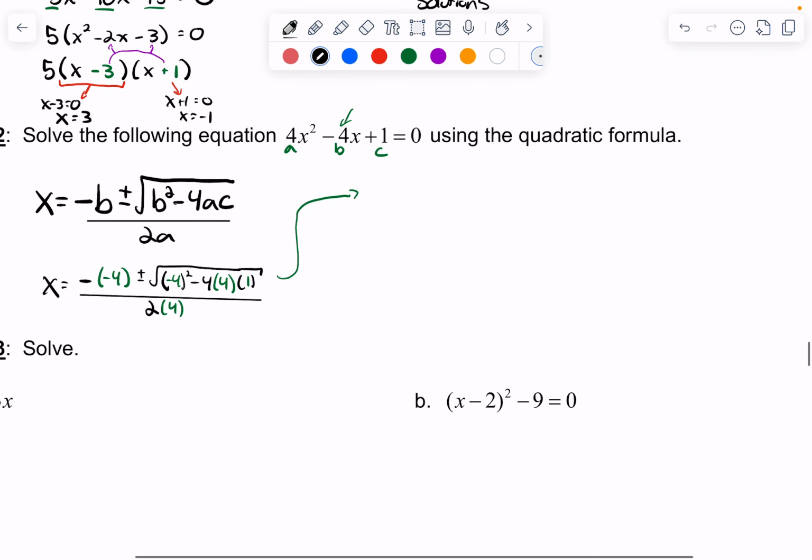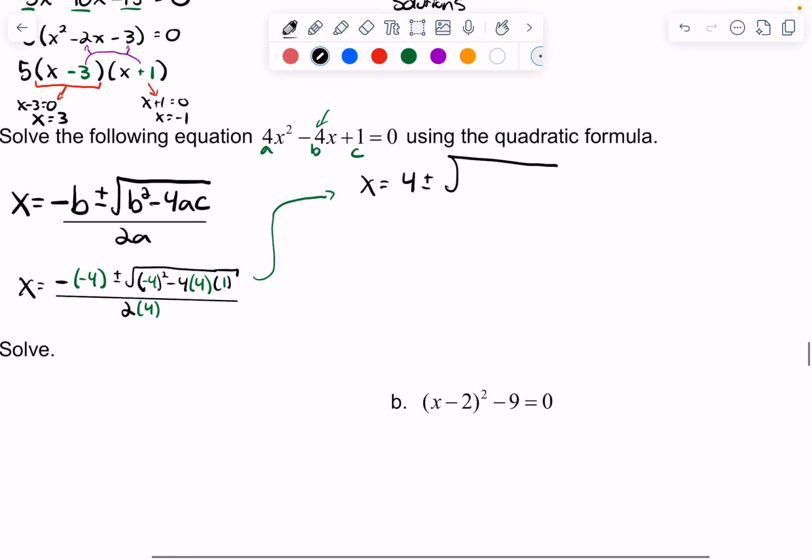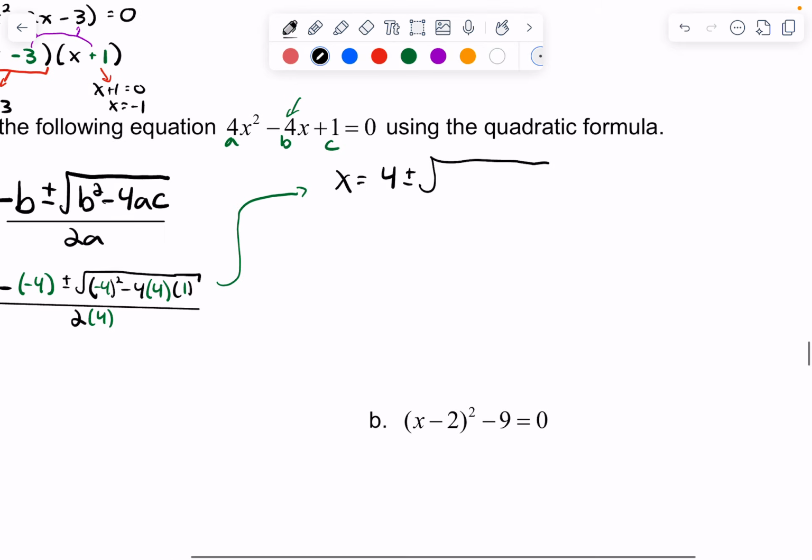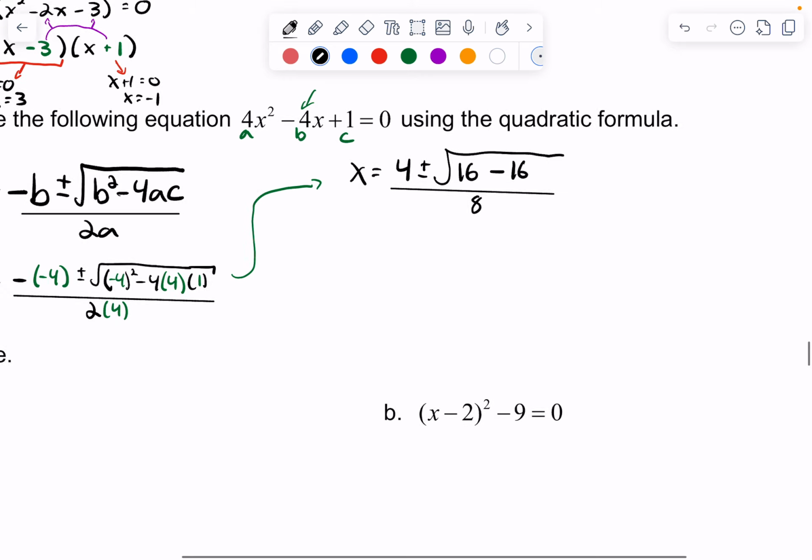So you have x equals, well, negative times negative 4 just becomes 4 out front, plus or minus, well, under the square root, make that a nicer square root. So under the square root, that negative 4 squared is 16, minus 4 times 1 is minus 16, all over 8.